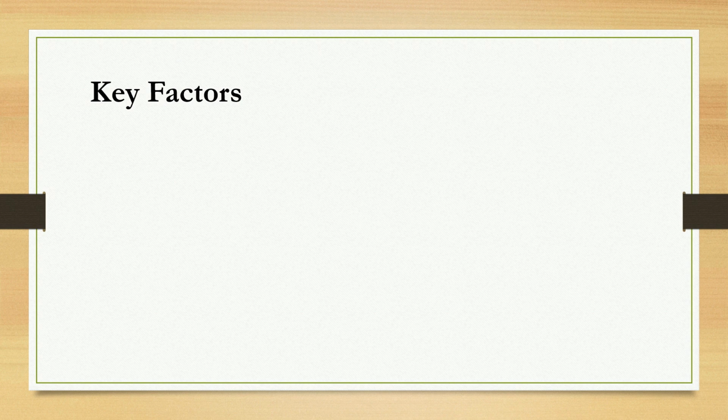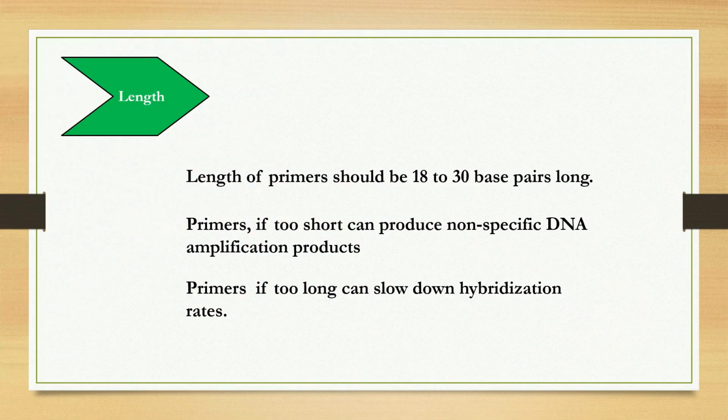Now there are certain key factors that have to be kept in mind before we design the primers. The first one is the length of the primer. The length of the primer should be between 18 to 30 base pairs, depending upon what kind of template you are using. If you are using, suppose, plasmid DNA as a template, you can use primers approximately 20 to 25 base pairs long.